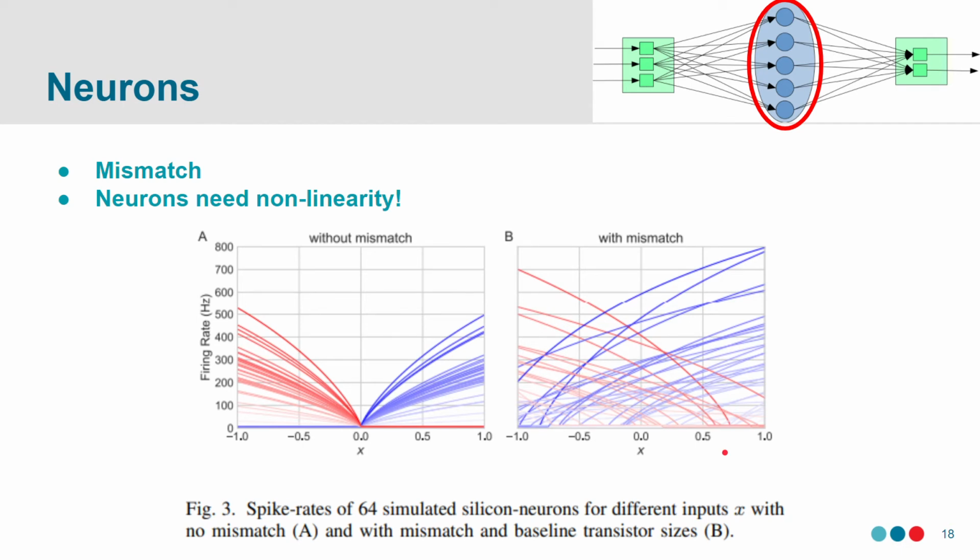One slight problem. Some of these neurons are pretty useless. So for instance, take a look at this neuron here. Across the full range of inputs, that neuron has a pretty linear response. So that means that neuron does not have a significant nonlinearity.